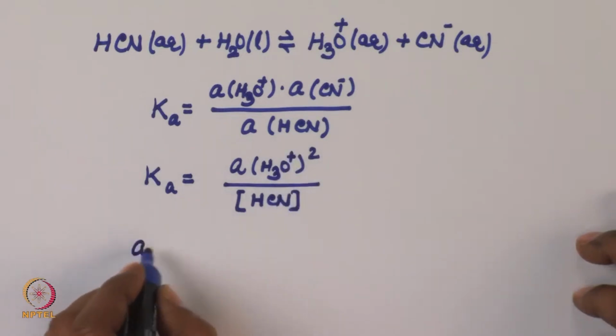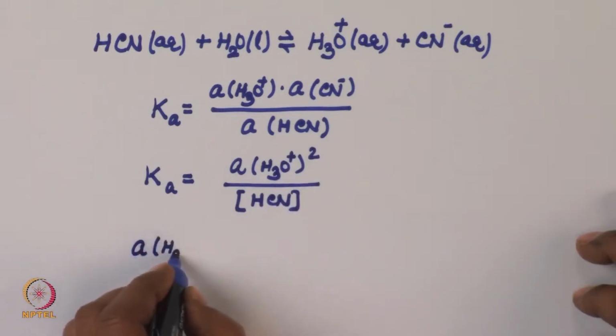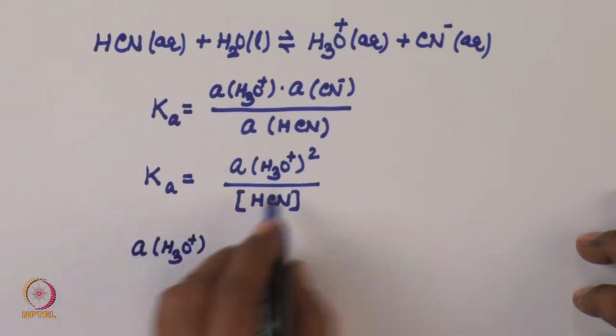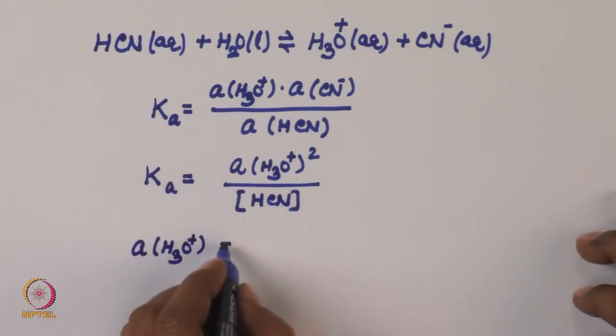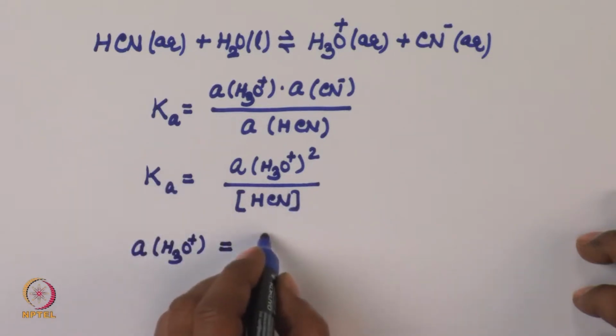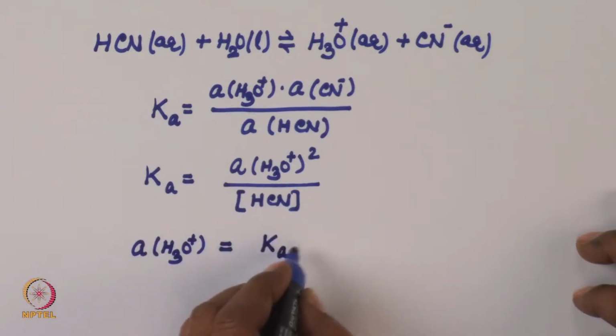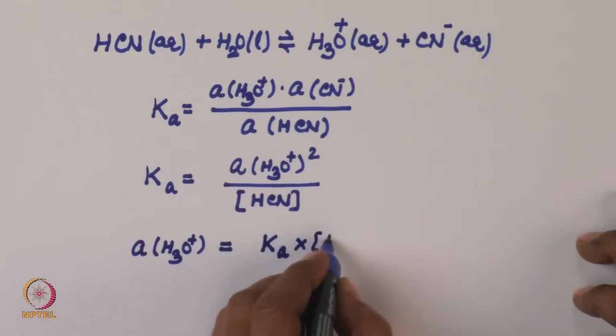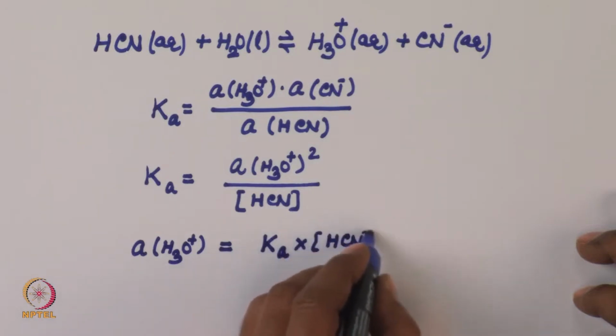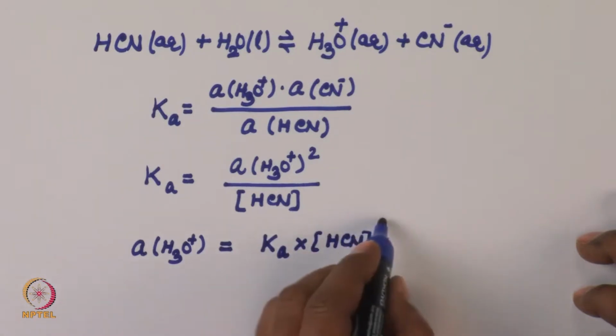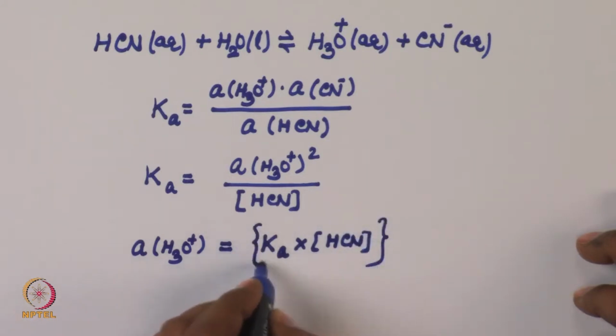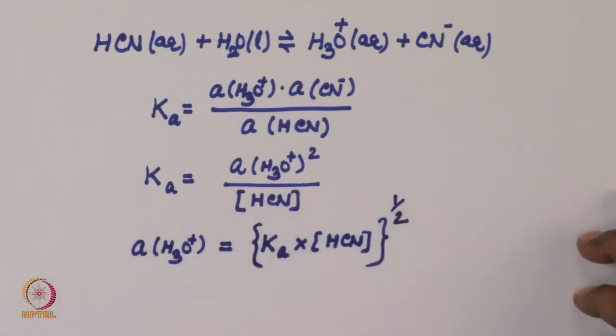So, therefore, the activity of H3O plus, if I rearrange this, is going to be Ka into concentration of HCN whole raised to the power 1/2.